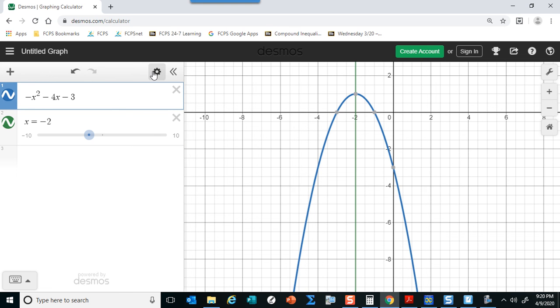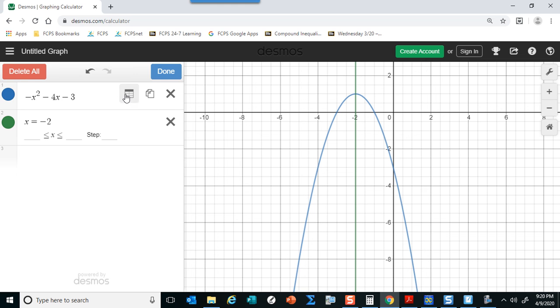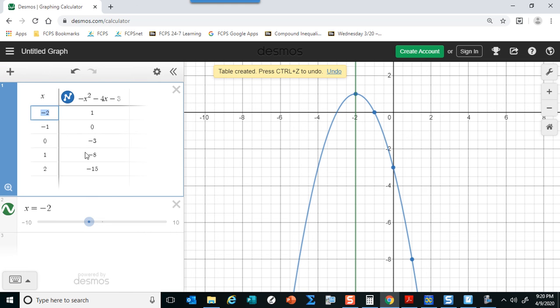And I need 2 points to the left and 2 points to the right. And my solutions here are -3 and -1. That's how you graph quadratic functions, and it's very easy with this Desmos calculator.